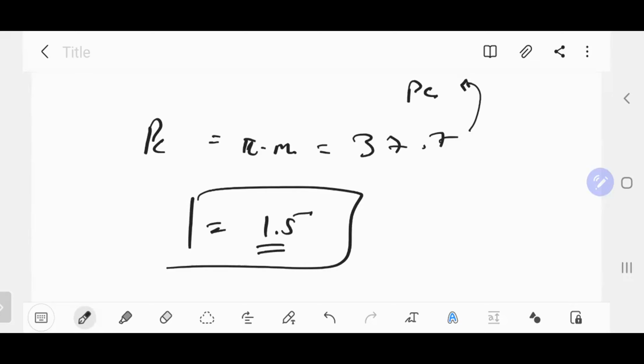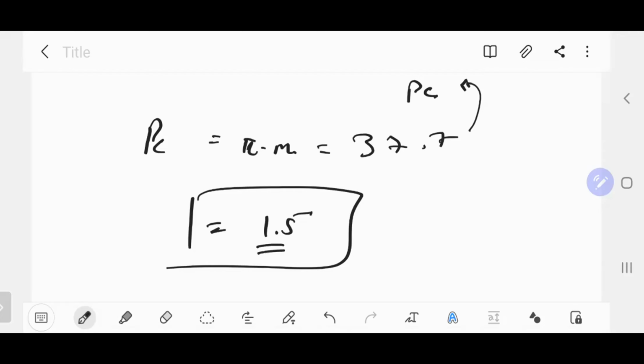Now, one more thing. Contact ratio means what? Contact ratio means number of teeth in contact. We have just seen the definition. So is it possible that 1.47 teeth is in contact? Not possible.